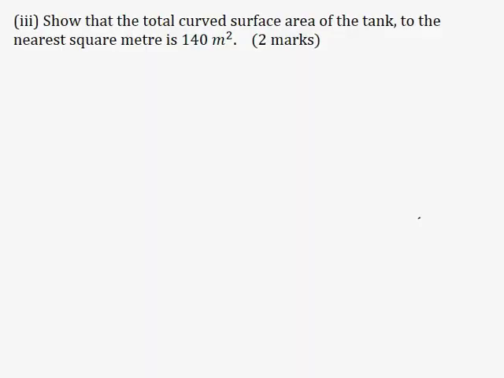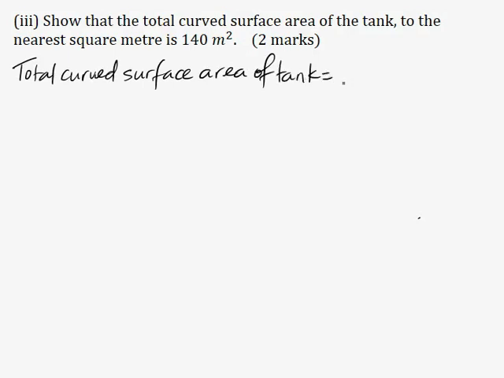So I will write here total curved surface area of the tank is equal to the curved surface area of the cone plus the curved surface area of the cylinder.